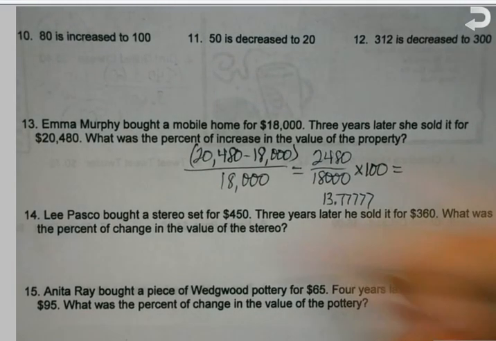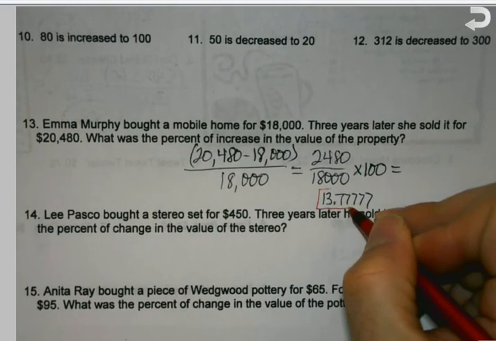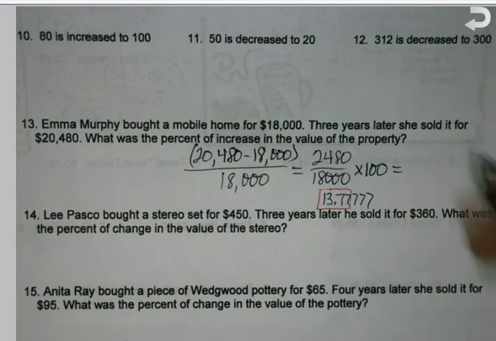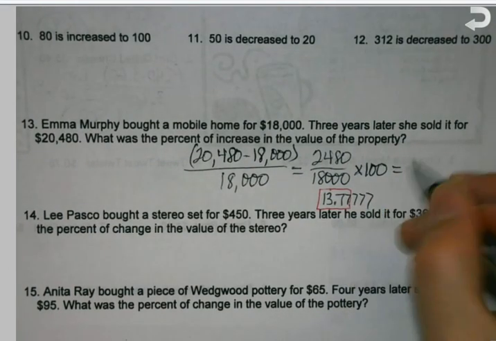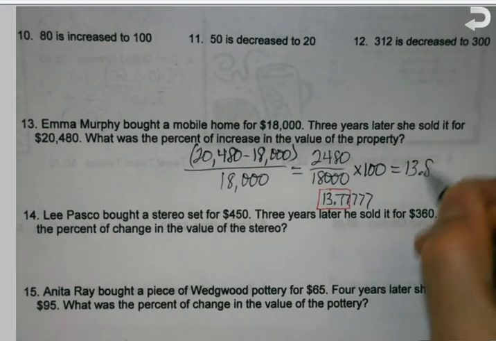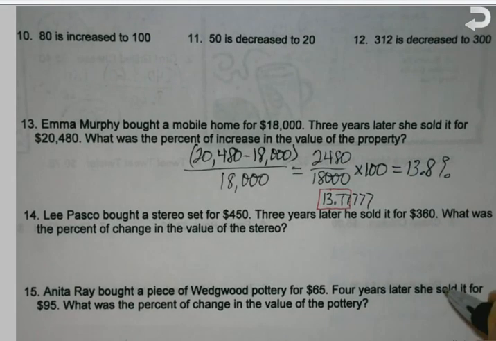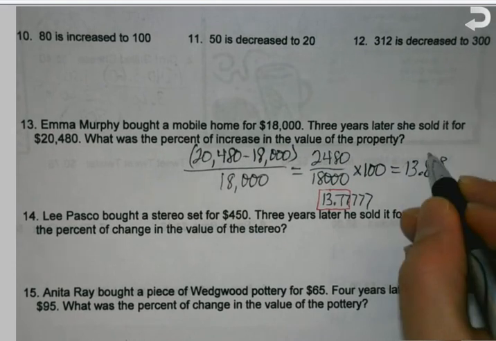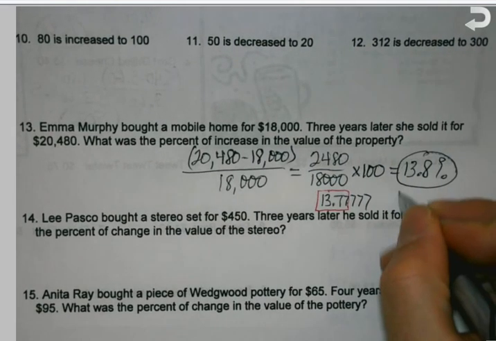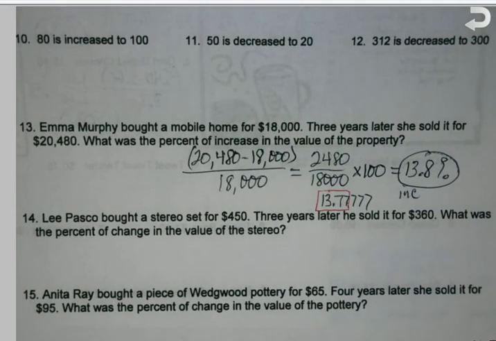But again, I don't need all those. I'm going to look here, and since that 7 is bigger than 5, I'm going to go to 13.8. Again, if you said 13.7, it's just the slightest little bit off. It's barely anything at all, so don't worry about that. That would be an increase because the price went up.